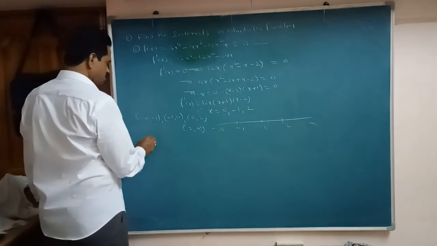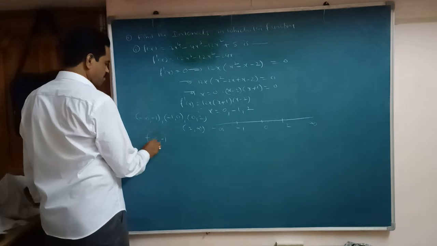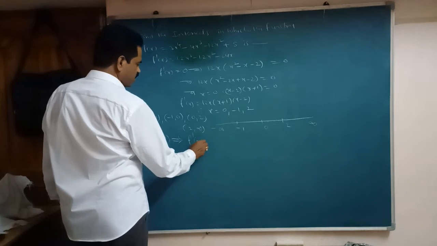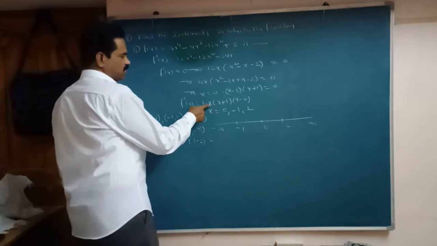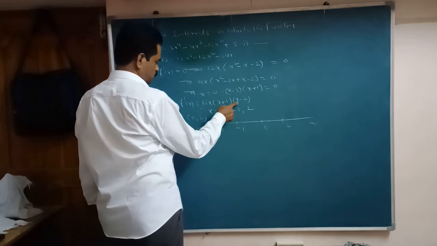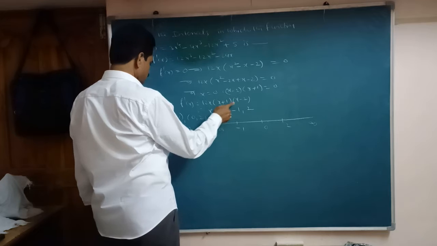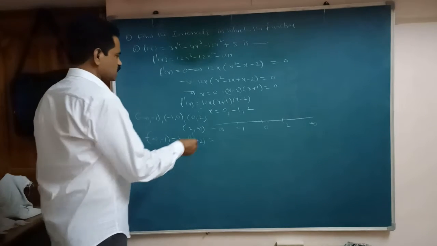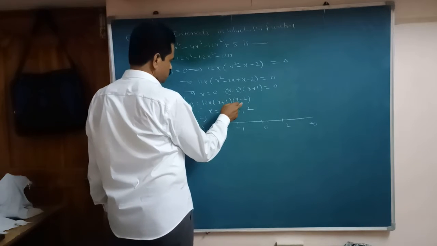First, find out the signs. For minus infinity to −1, I am taking −2 here and substituting in f'(−2). That is 12 into (−2)(−2 + 1)(−2 − 2). You take x − 2, negative; −2 + 1 is also negative.